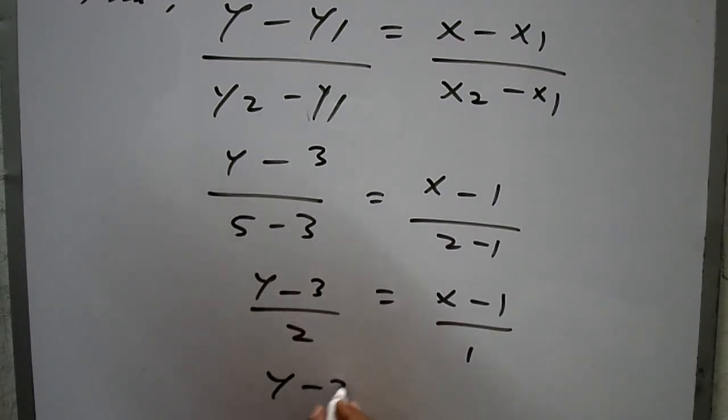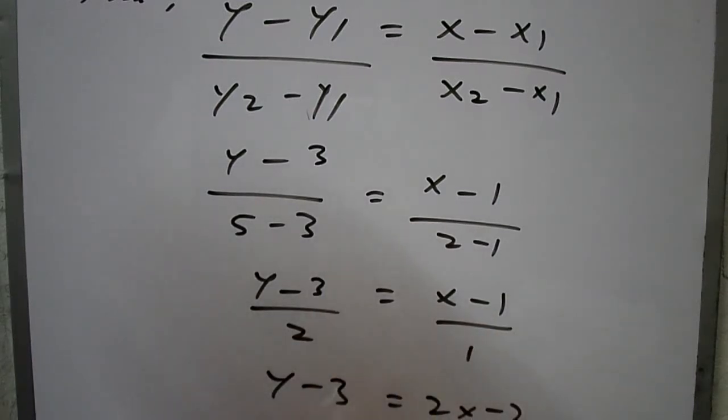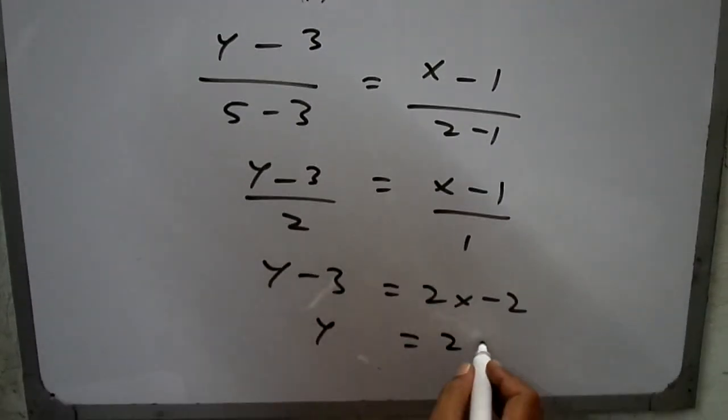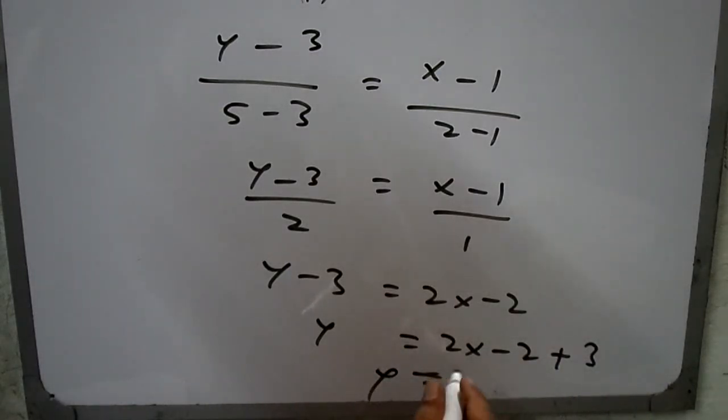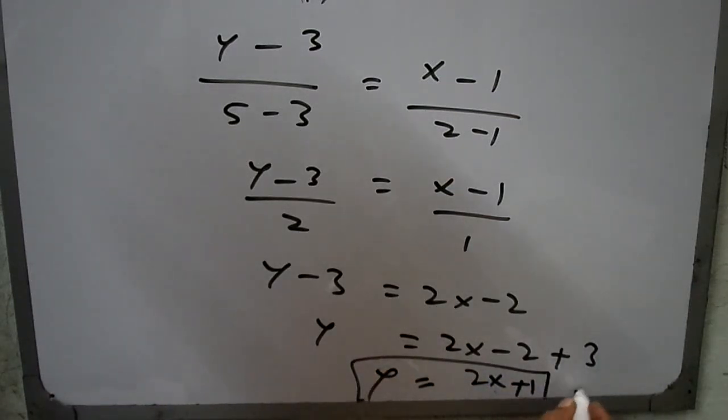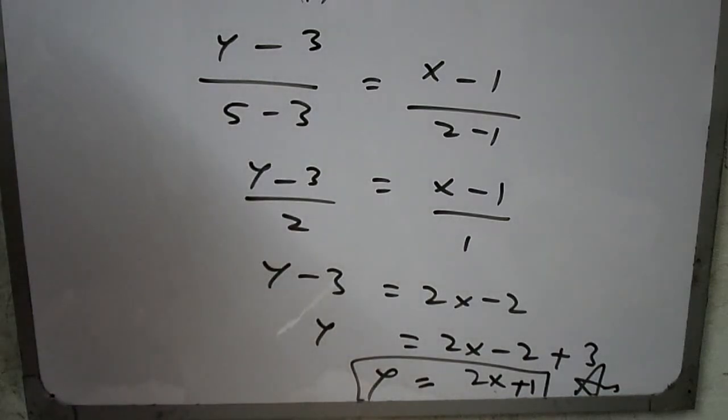After simplification, using cross multiplication, y is equal to 2x minus 2 plus 3. So y is equal to 2x plus 1. So that is your required equation.